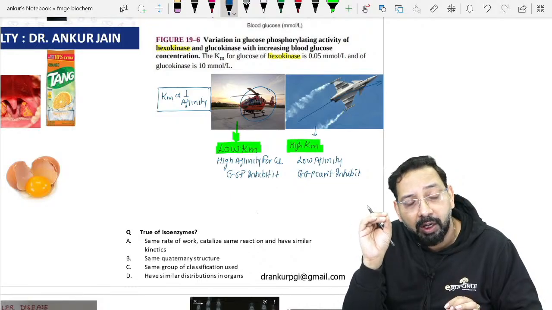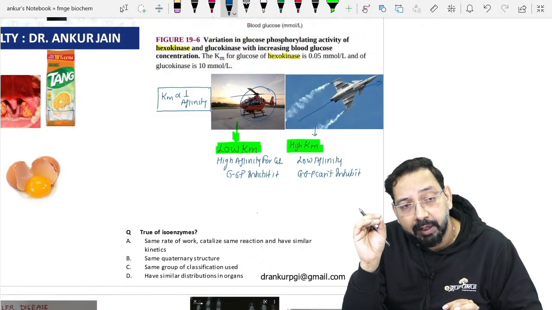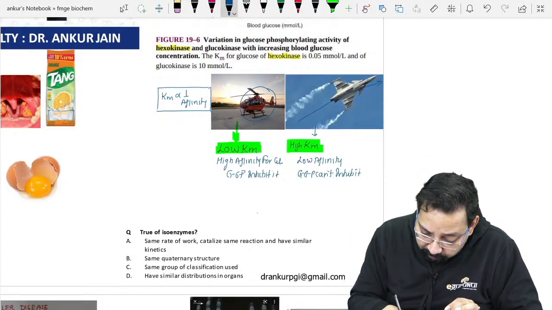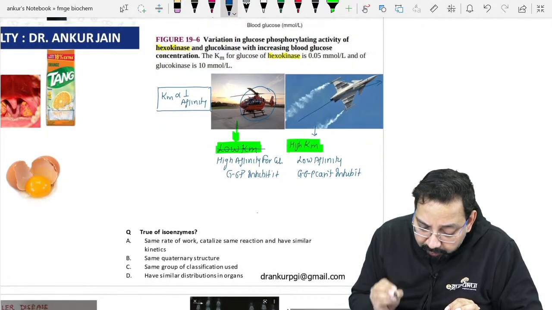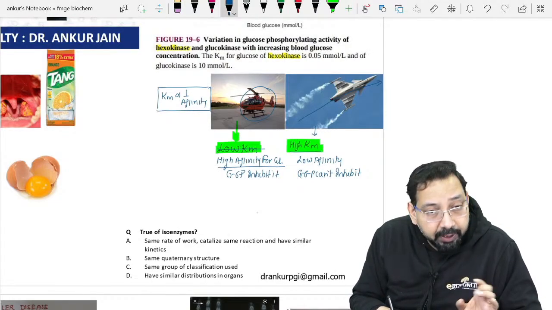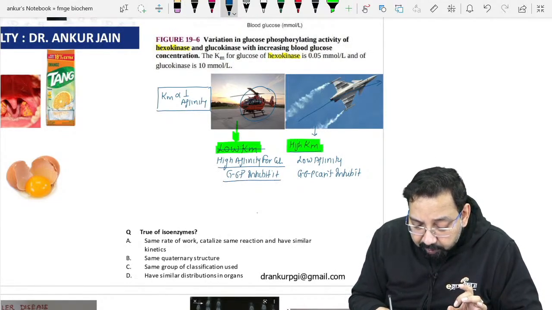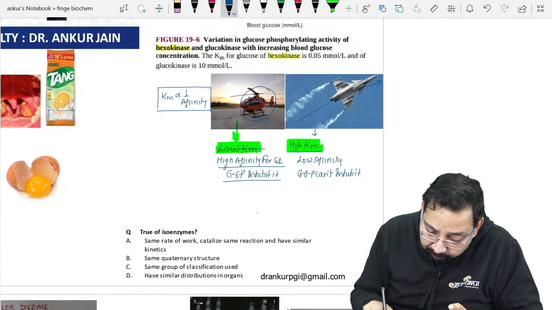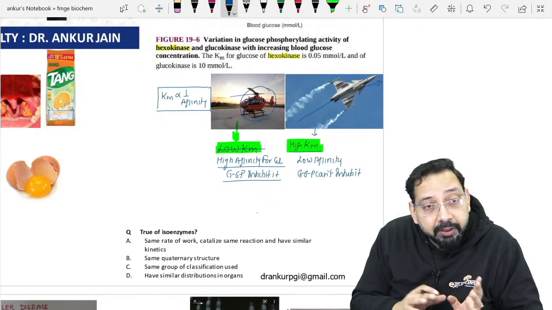So I will give you the concept of isoenzymes on the basis of hexokinase and glucokinase. Their Km values are different, kinetics are different, affinities are different, inhibitors are different, activators are different, molecular weights are different.